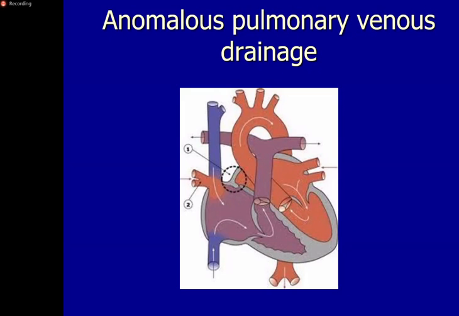So both of these are cyanotic, depending on the degree of anomaly, or the number of pulmonary veins fixing into the right atrium rather than the left atrium.